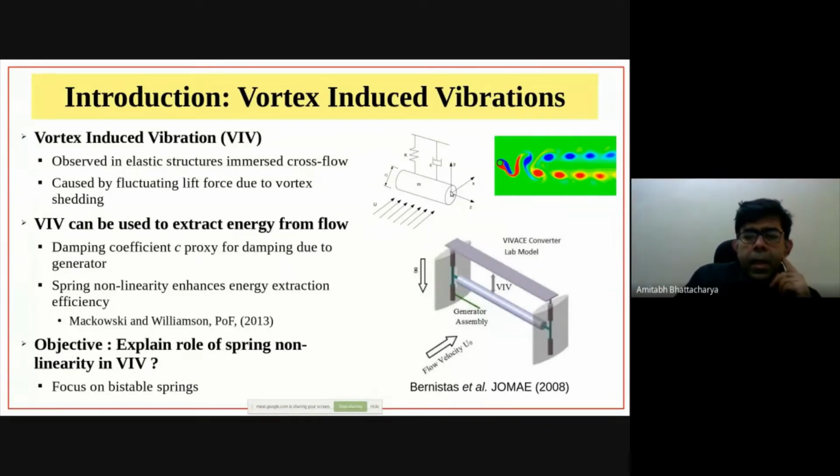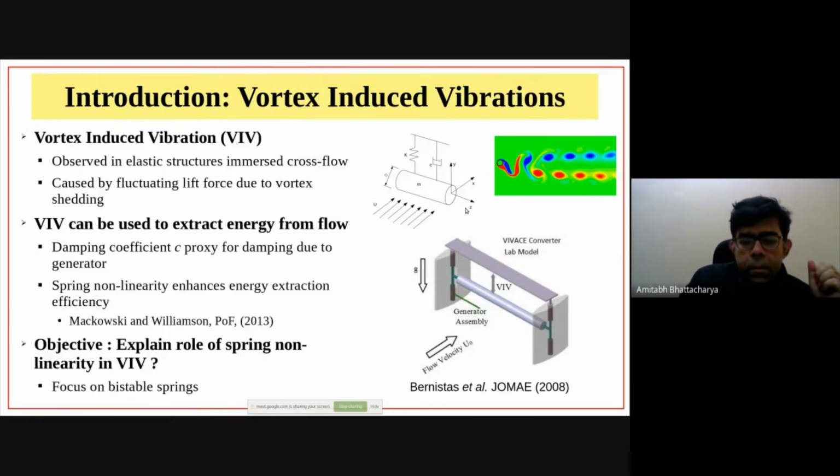Okay. And so that is really the hope, that you will get a somewhat large range of flow rates where you can actually get large amplitudes. And of course, when you get larger amplitudes of oscillation, larger lift because of larger lift forces, then you can of course try to extract also more energy from the fluid.